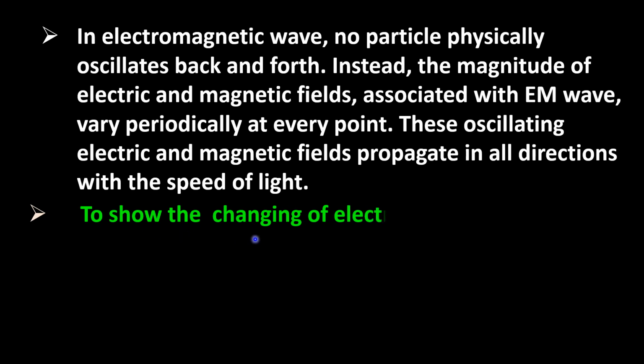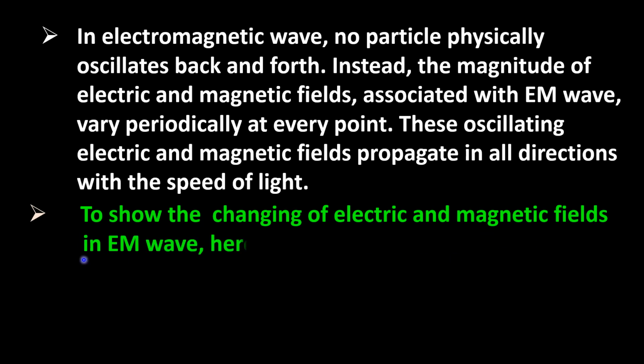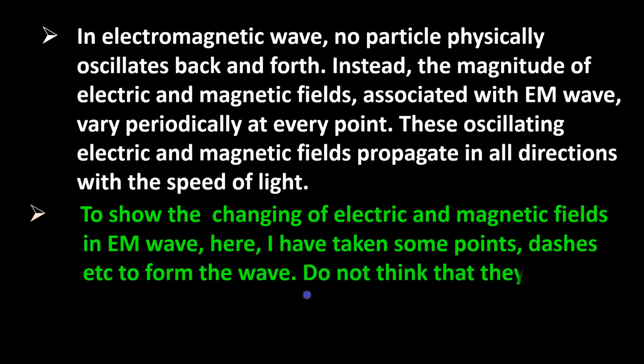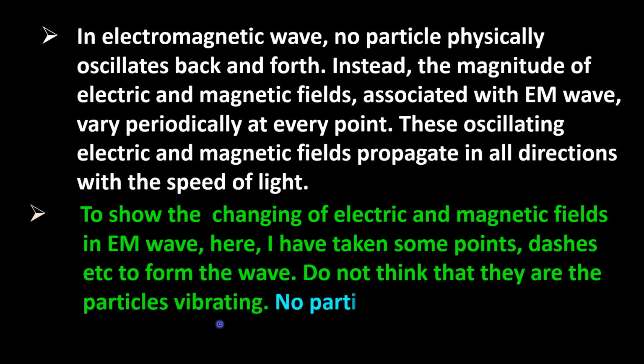To show the changing of electric and magnetic fields, I have taken some points, dashes, etc. to form the wave. Do not think that they are particles vibrating. No particle vibrates in an EM wave.